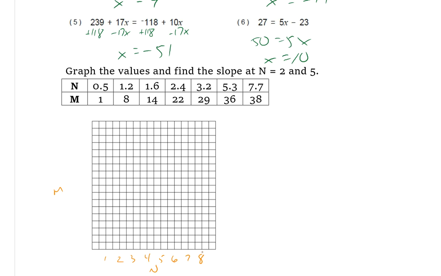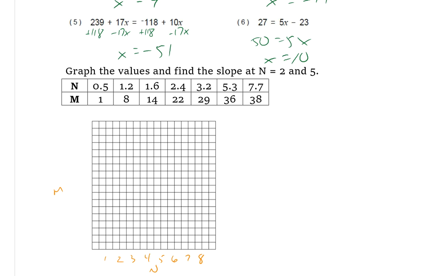And then on my m-axis, I've got a 38, so 40 would be a good nice number to go to. I can probably go up by 1 each time, maybe even 2 at a time. Let's see how many blocks we have and see if that's going to work out. Seems like it might be a little much. Let's try going up by maybe 5 or 10 each time, or maybe 2, and see if we can get this to all fit.